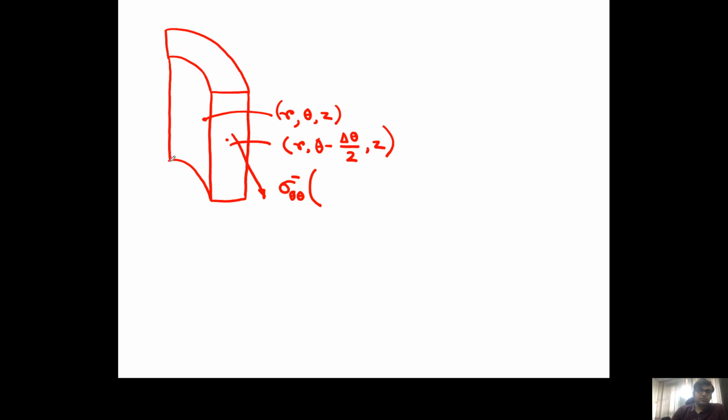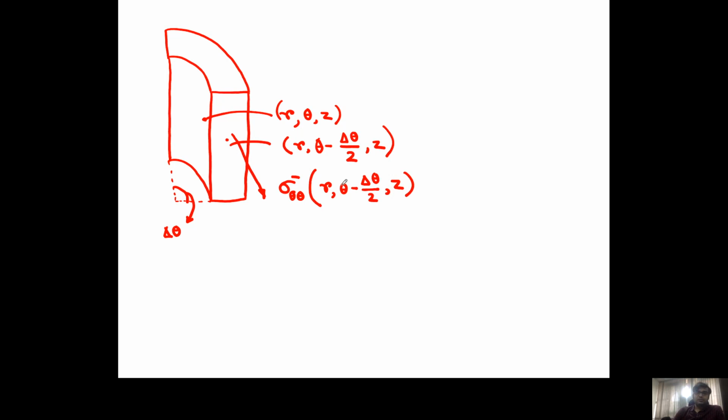If you draw from here, this angle is your delta theta, and since this is the centroid, it will bisect it, so this becomes theta minus delta theta by 2. So sigma theta theta minus is a function of r, theta minus delta theta by 2, and z.